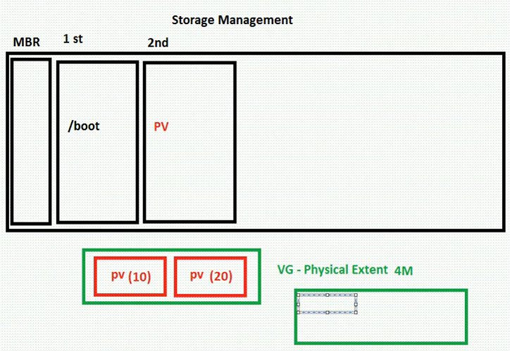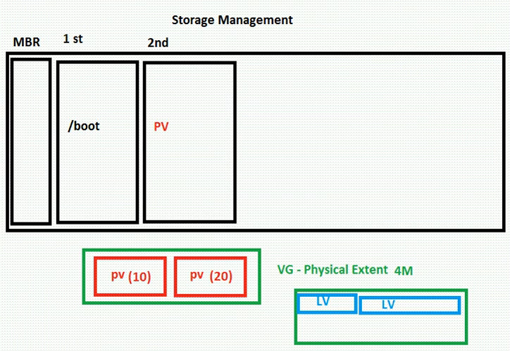Then let us say I created one more, a little bigger, of 200 physical extents. 200 physical extents multiplied by 4 megabytes for each extent makes 800 megabytes. These are called LVs, the logical volumes. This is the bigger LV, this is the smaller LV, and all these are LVs.